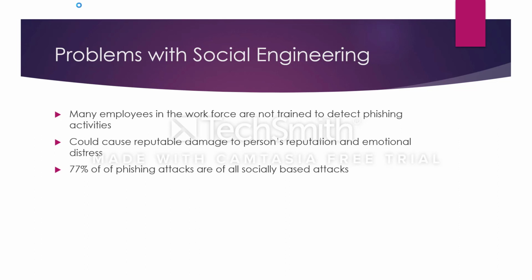And also, it could cause damage to a person's reputation and emotional distress. This is commonly seen with cyberbullying among high schoolers and elementary schoolers, which is used to an advantage in social engineering attacks. And also, you find that 77% of phishing attacks are socially based attacks.